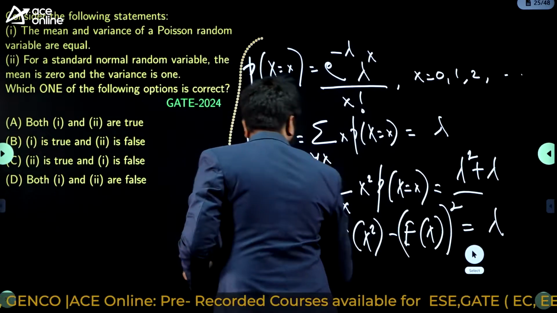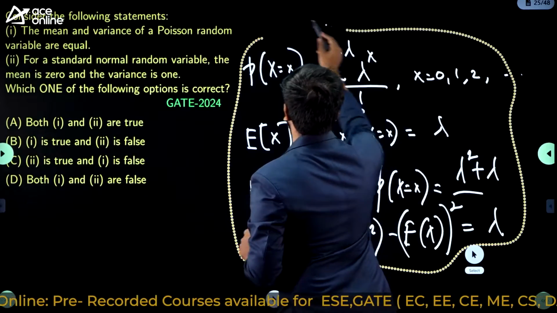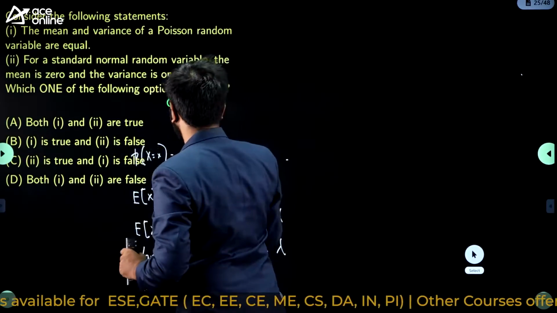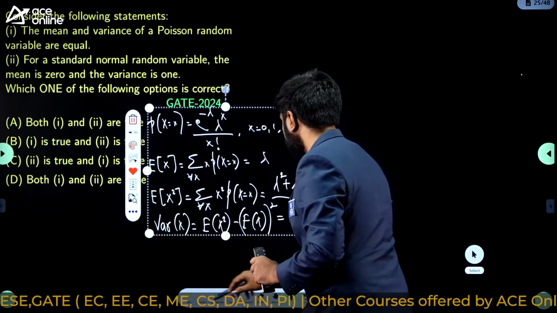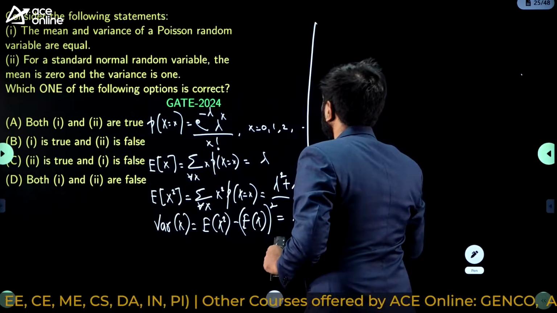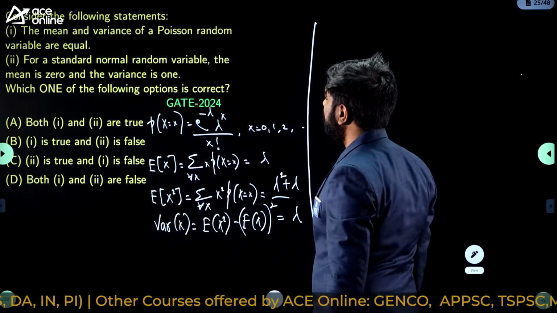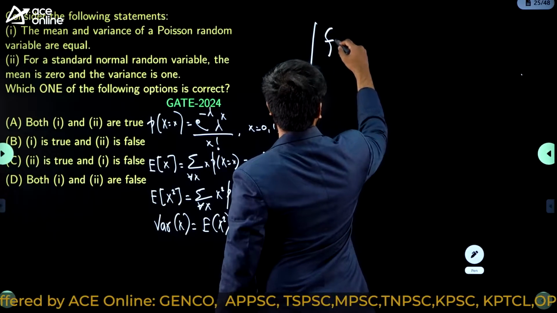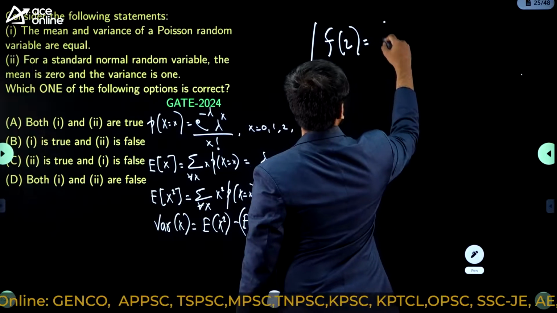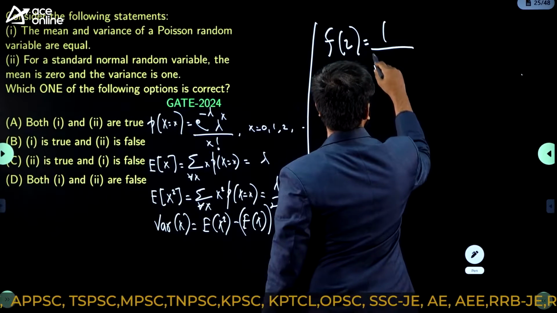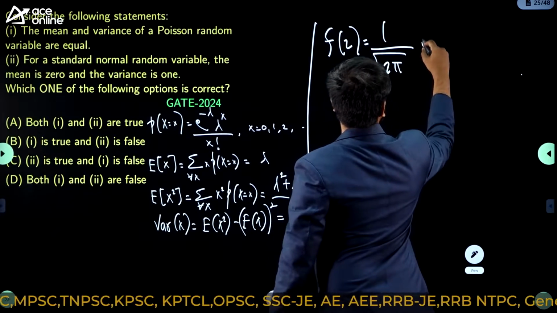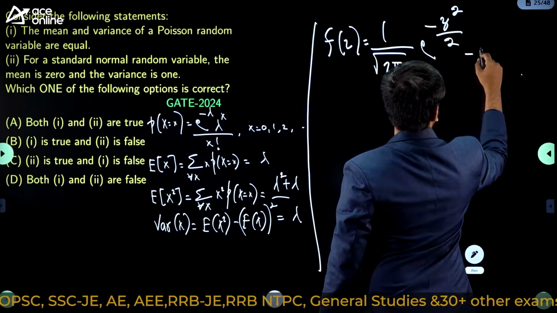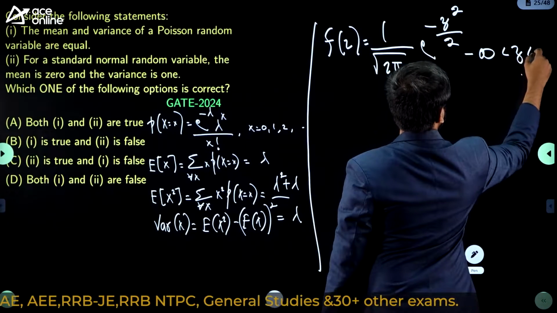Have a look at the second statement. What is the second statement about? The second statement is about, I think, the standard normal distribution. He says for a standard normal random variable the mean is 0 and the variance is 1, yes. The standard normal random variable is denoted with z, its probability density function is 1 by root 2 pi e power minus z square by 2, where z takes values from minus infinity to infinity.